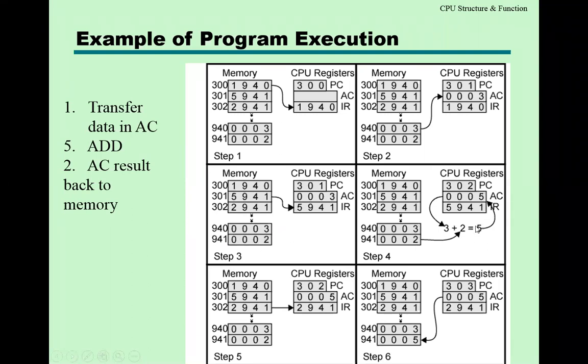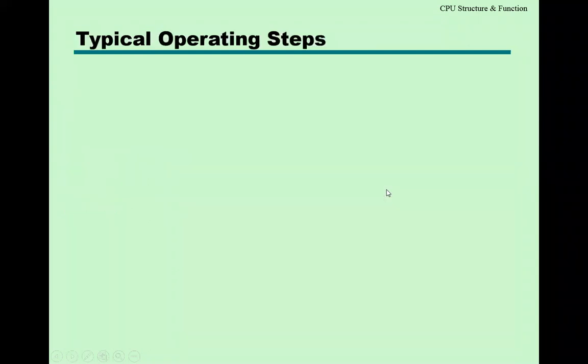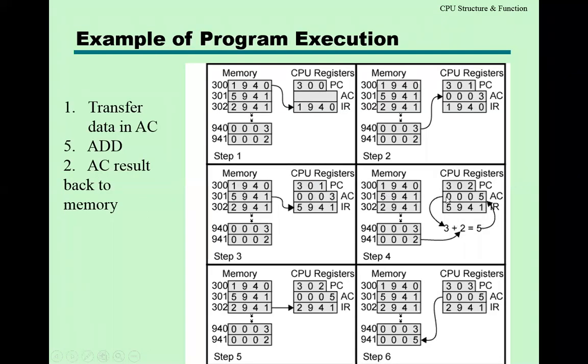Here you can see the accumulator is holding the value 3. And at 941, what is the value? That is 2. So 3 plus 2, that is 5.